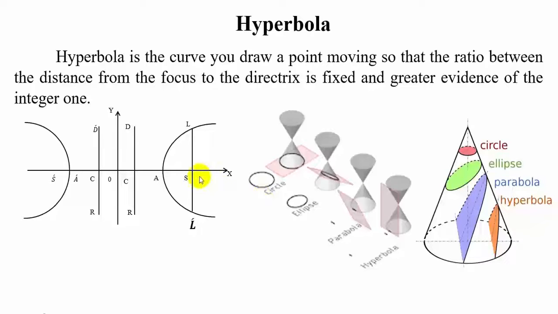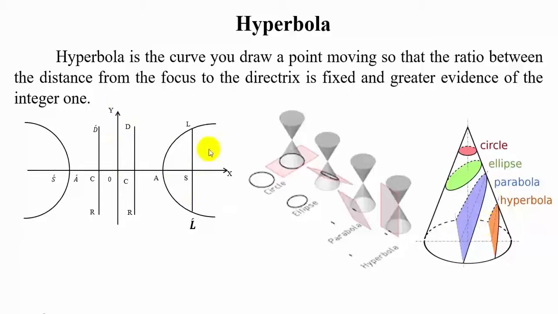But the ellipse was a closed oval shape, and in the parabola we studied only half of that part.